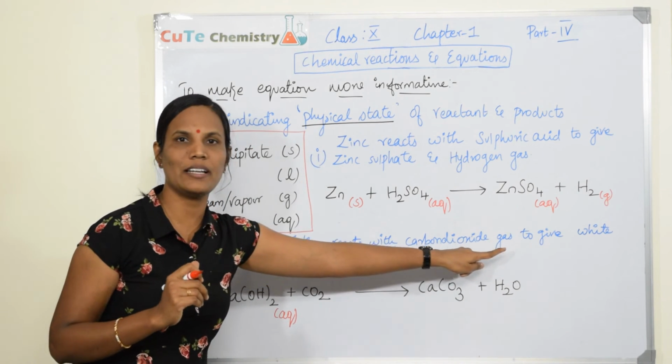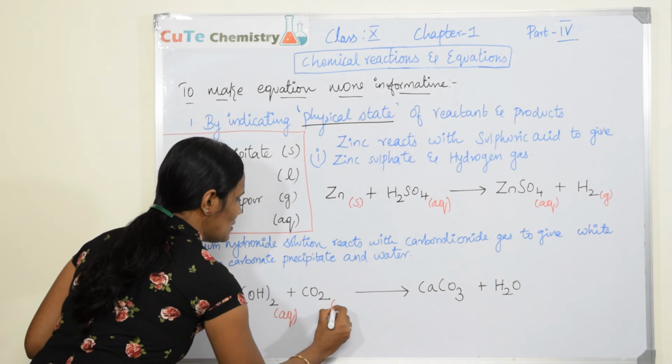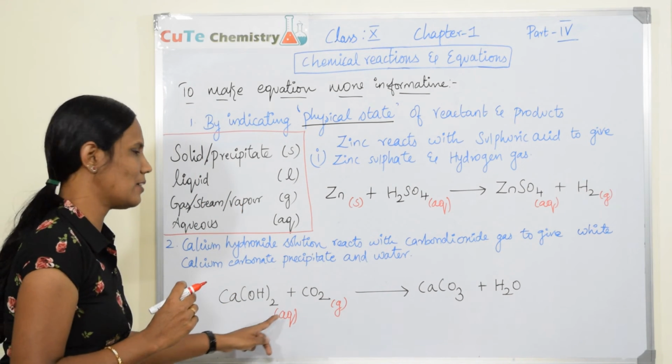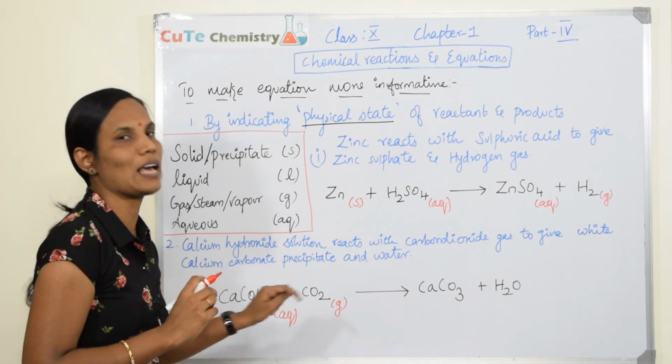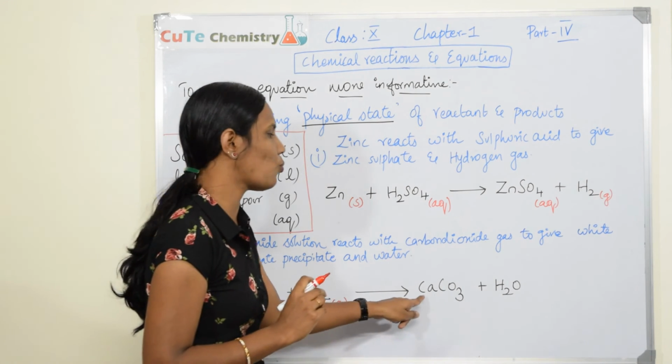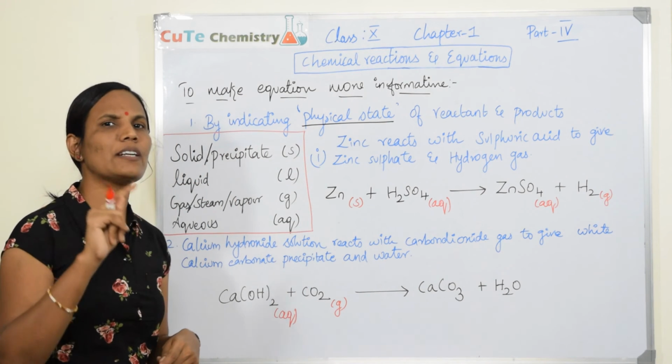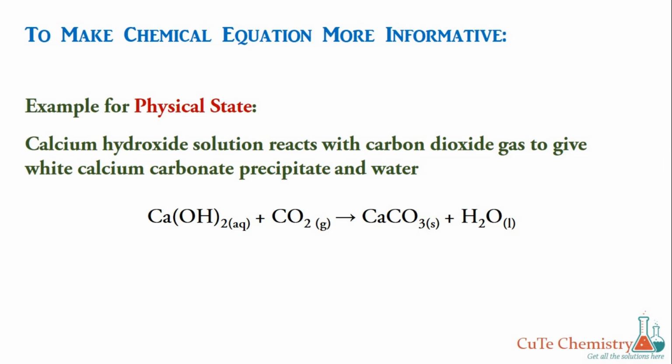The state is already given in the question, so we can just mention it as g. When aqueous calcium hydroxide reacts with gaseous carbon dioxide, it will give a white precipitate of calcium carbonate. As I said, if it is a precipitate, then it will come under solid only. So we have to mention solid here, small s.